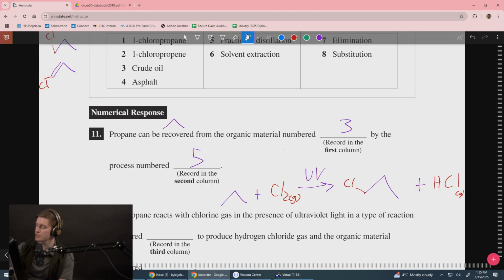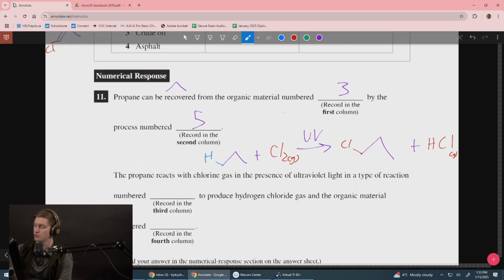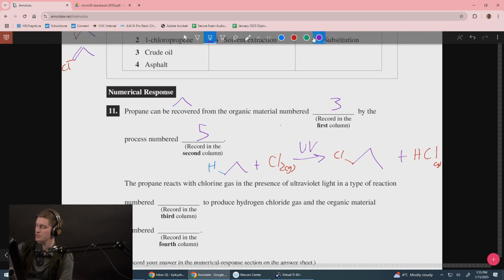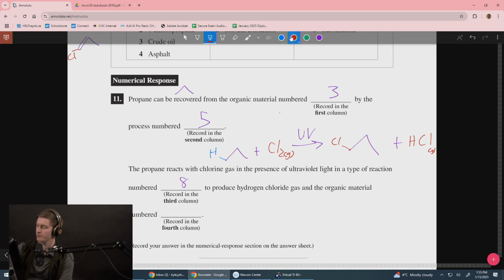And so we're just switching out a hydrogen that was present from the end. Alkanes reacting in the presence of UV light with a halogen is a substitution reaction. And so reaction number 8 is a substitution, and it would produce not a double bond with a chlorine, but just a halogenated alkane, which is going to be 1, our 1-chloropropane.